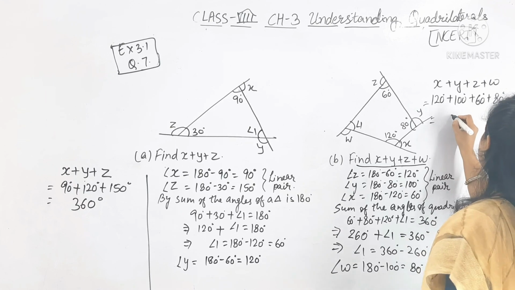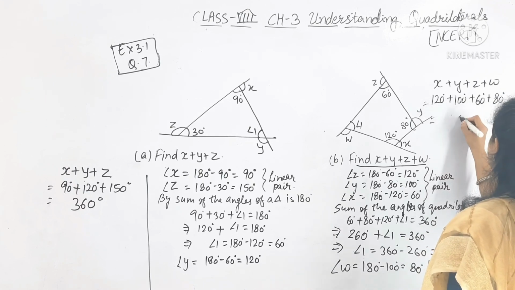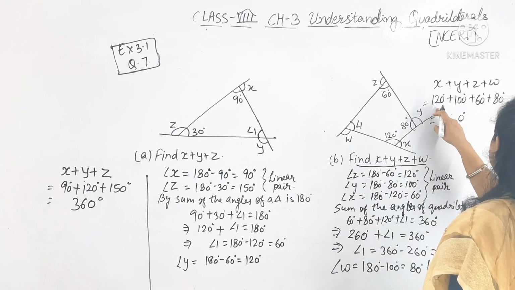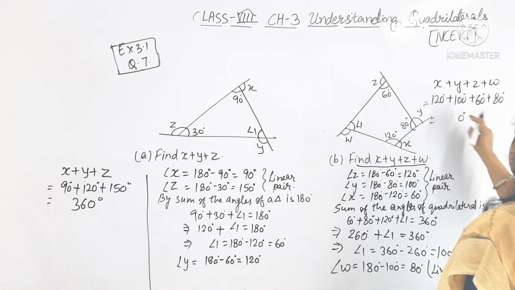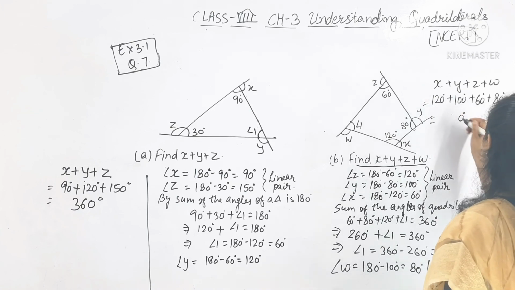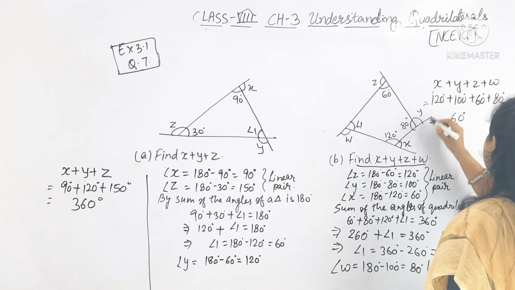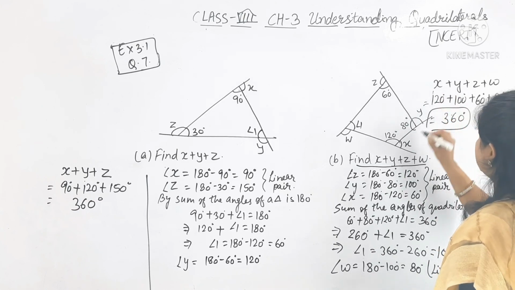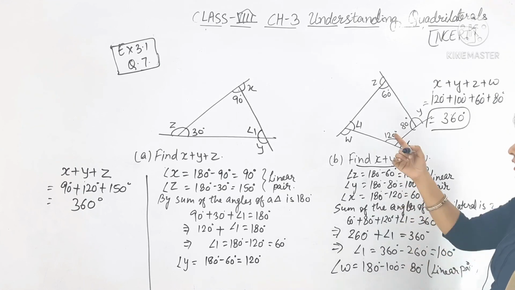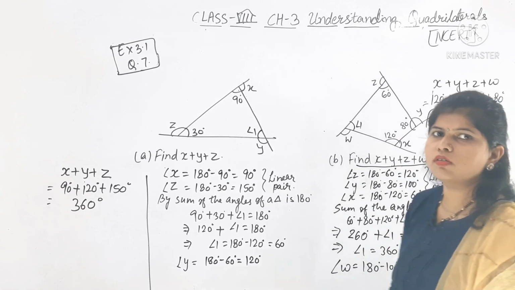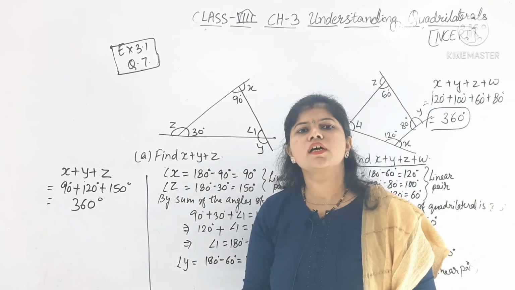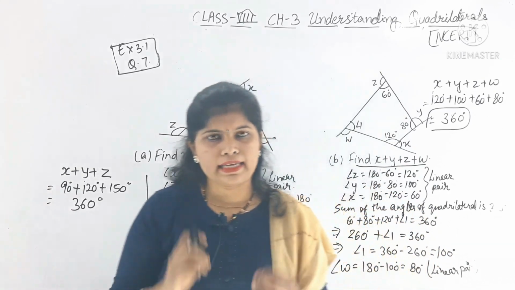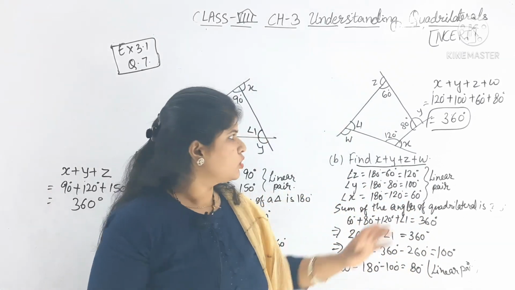So you can calculate: 6 plus 2 is 8, 8 and 8 is 16, 1 plus 2 plus 3, so I am getting 360 degrees here. So the sum of the exterior angles of a quadrilateral or any polygon is 360 degrees. This is the property also, so we had proof also.